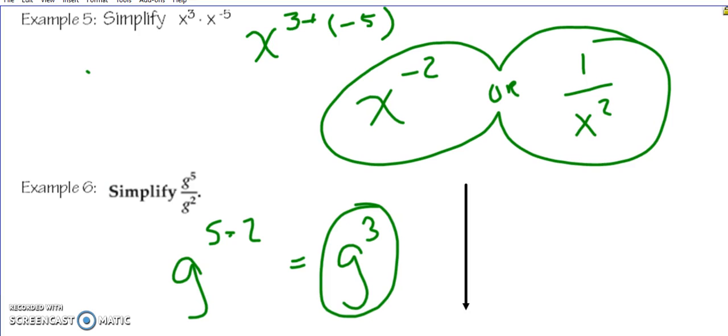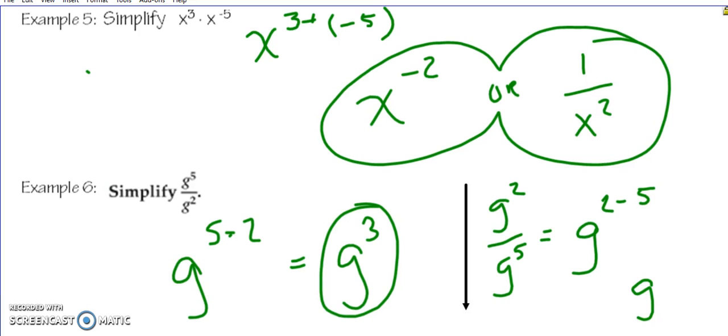If they were switched around, it'd be g squared over g to the 5th, and you would take 2 minus 5. When you subtract that, you would get g to the negative 3, or 1 over g cubed. So that's how those work out.